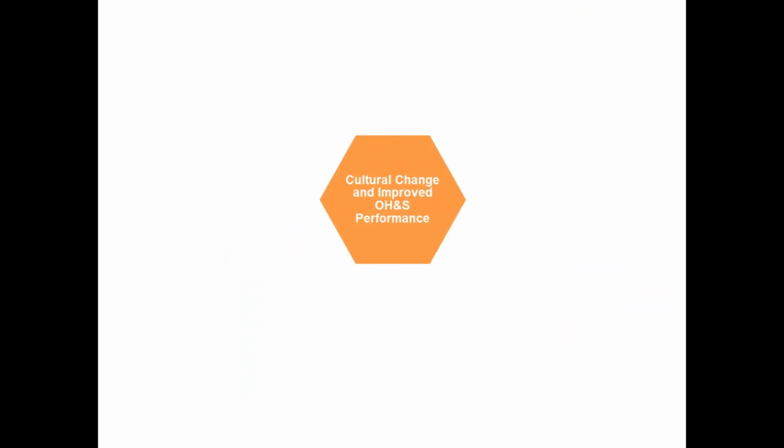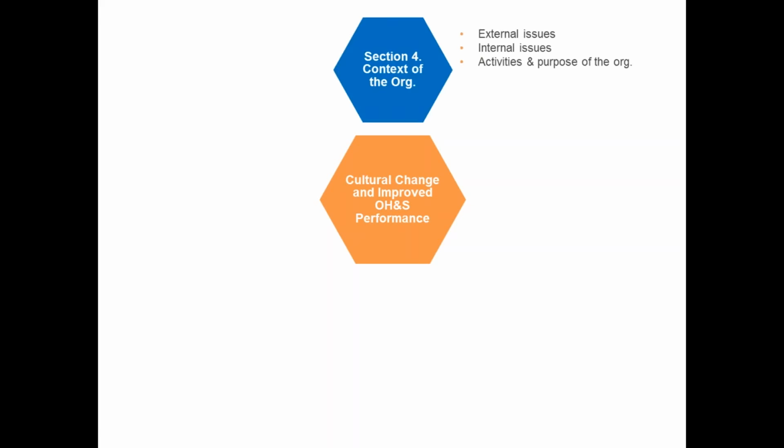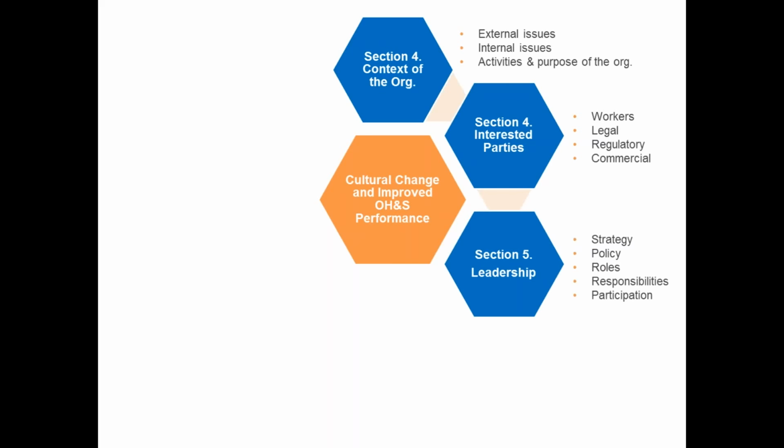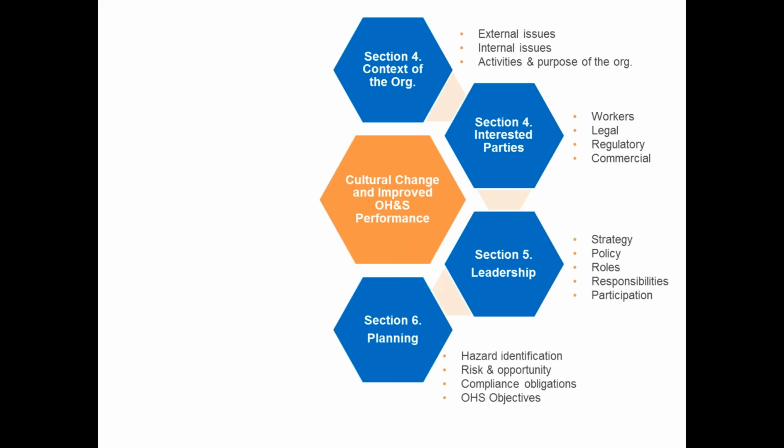So the management process is looking for cultural change and improved OHS performance, to protect workers from injury and ill health. As we use the sections to go around the management system, you can see the various elements build on the requirements of each section, and you can see some examples there.